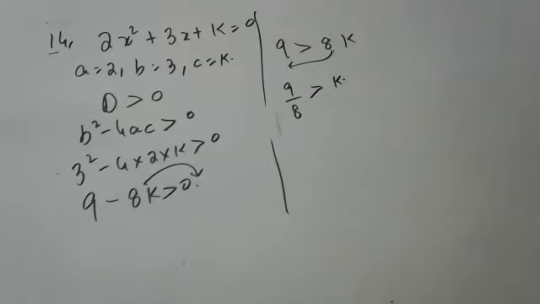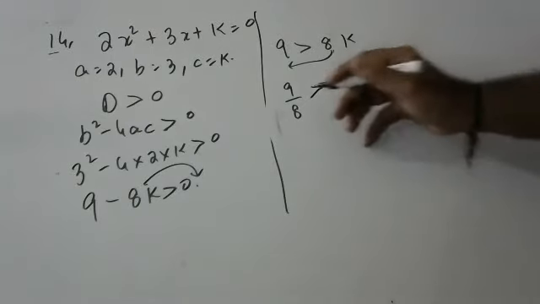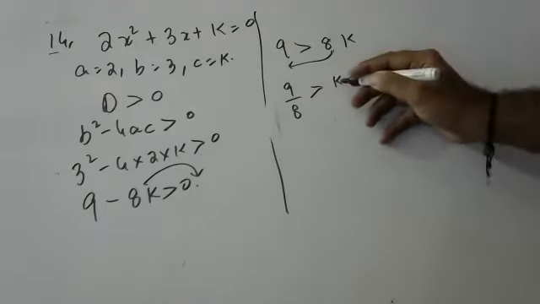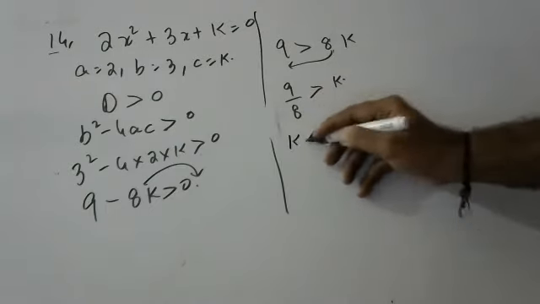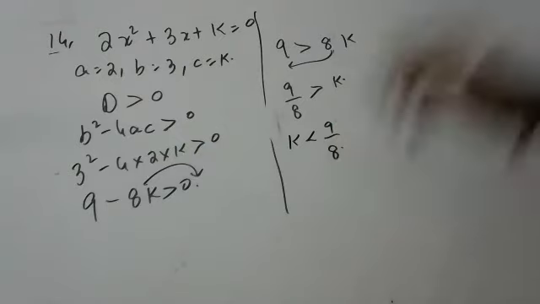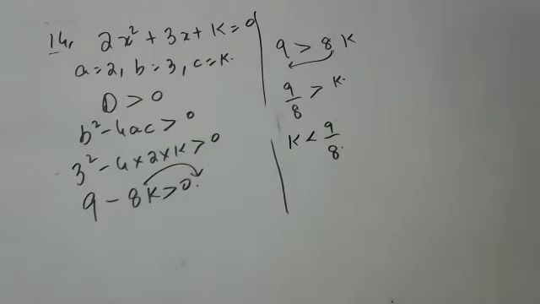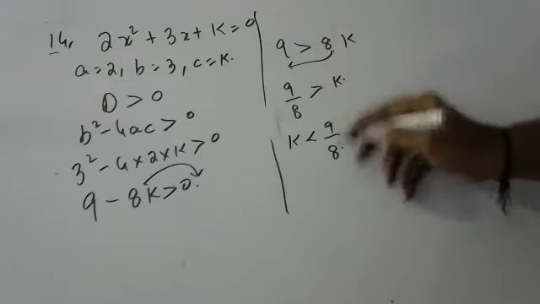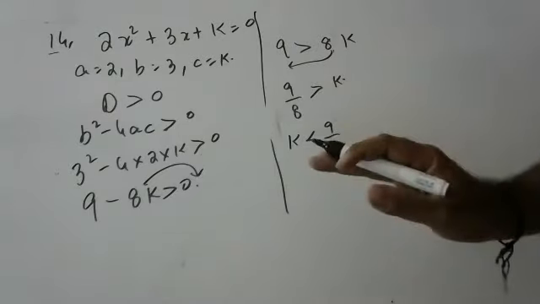Okay, children. So what we will do? 9 by 8 is greater than k, means k is less than 9 by 8, so that you will not get confusion.